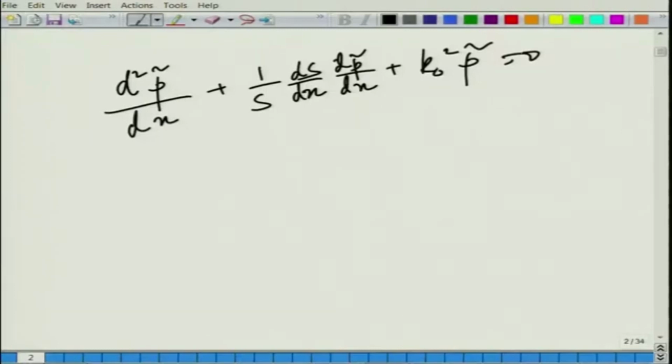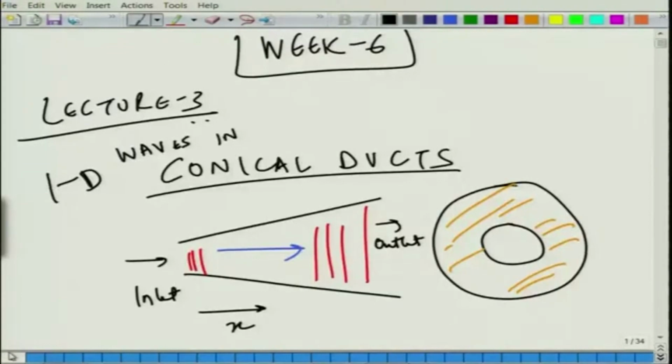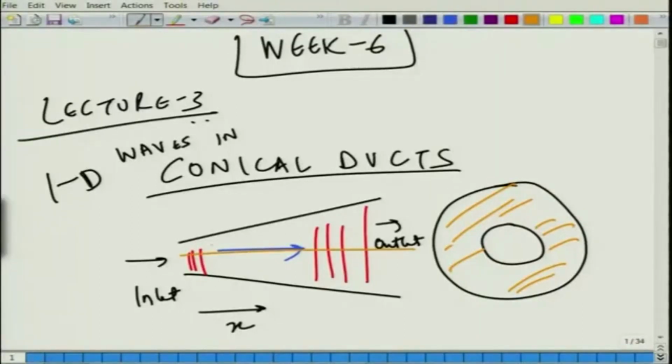Now, for a conical duct, let us look at this schematic a bit carefully. S of x could be varying using any functional form, but for a conical duct, how does it vary? If we consider the radius r to be a function of x, the question is how is the radius varying?